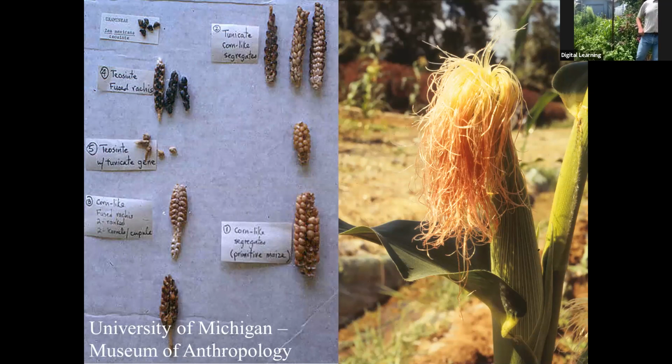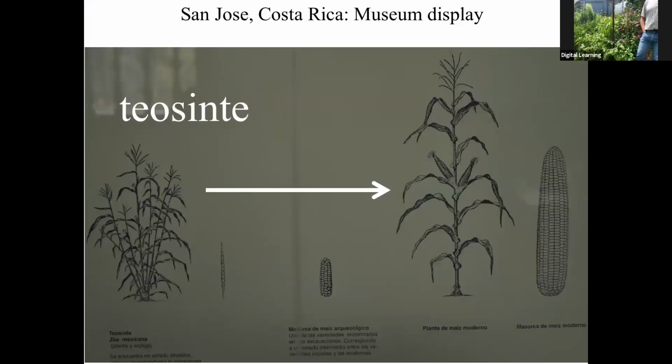So then, yeah, thank you, Liz. So the next image is from a museum in Costa Rica, which shows the branching structure of the wild plant teosinte. And I won't go into the reasons why it's so amazing that that plant became our cultivated domesticated corn.